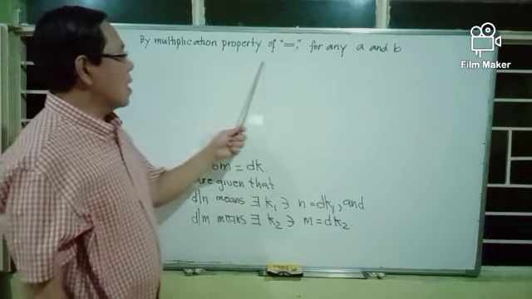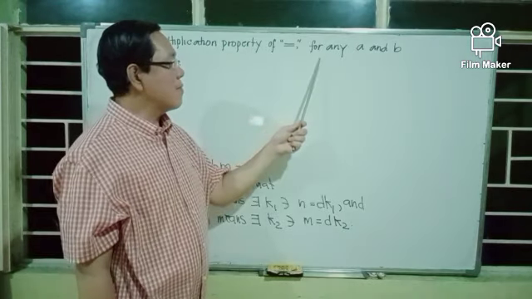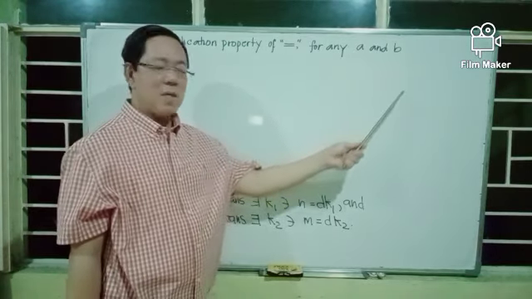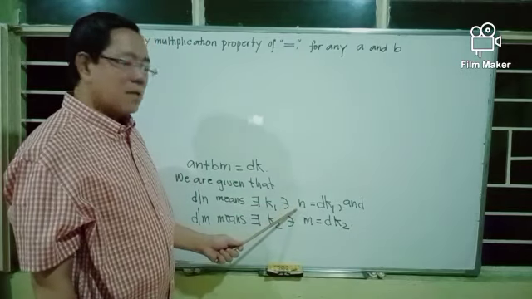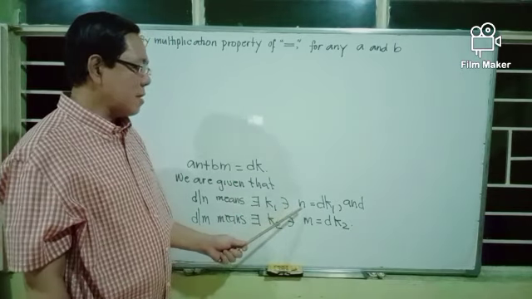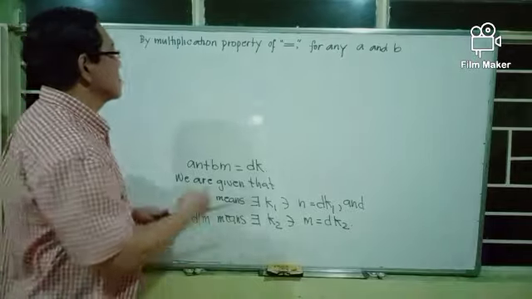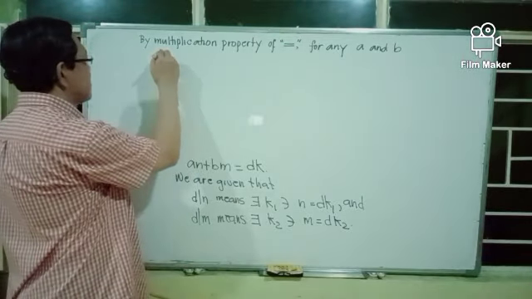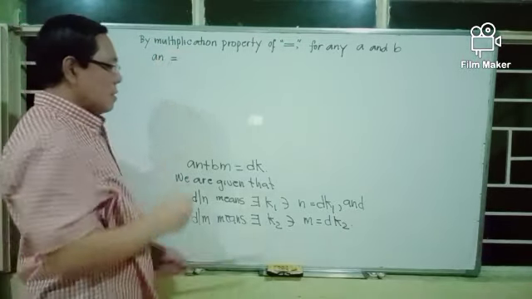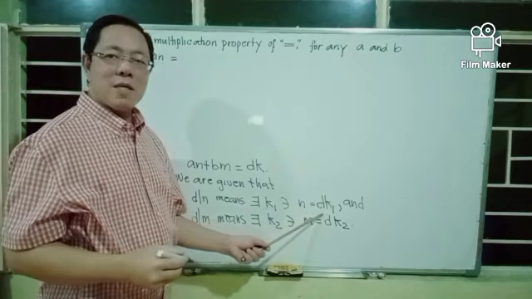By the multiplication property of equality, for any integers a and b, I multiply the first equation by a, so an is equal to a d k1.